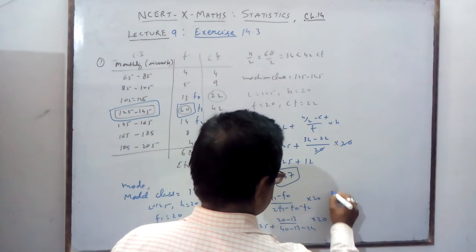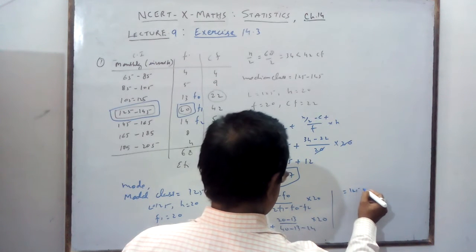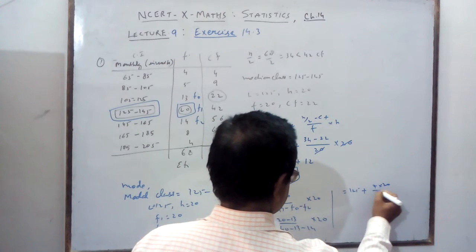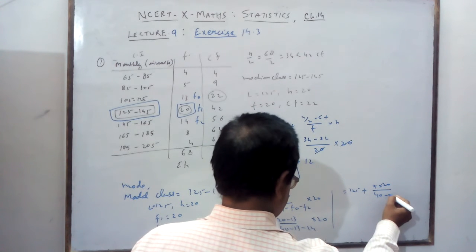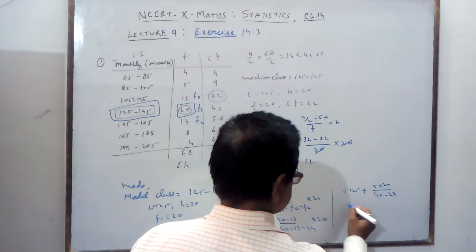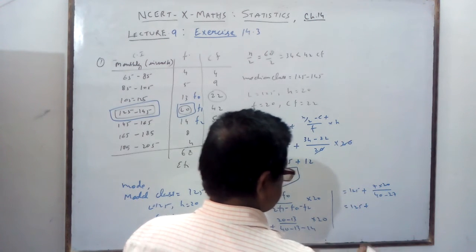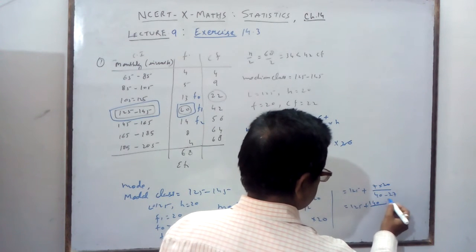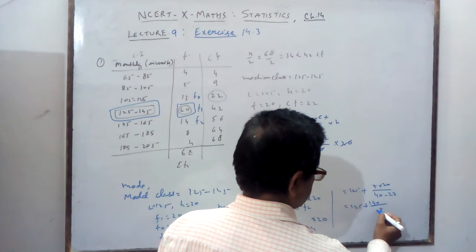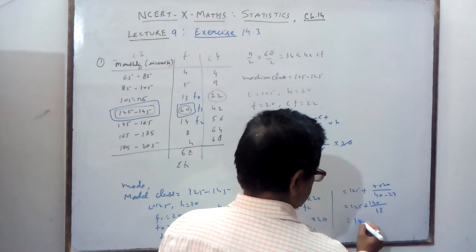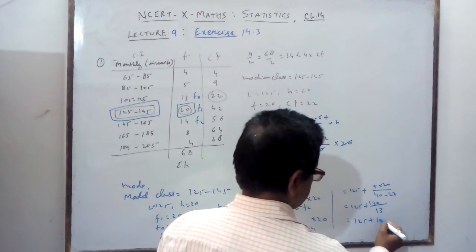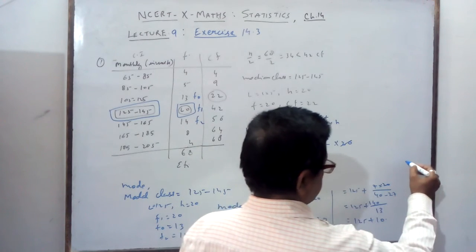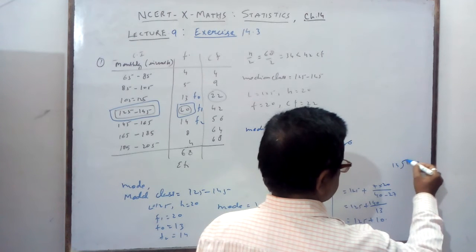So it is 125 plus 7 into 20 divided by 40 minus 27, which is 125 plus 140 upon 13. So you can divide 140 by 13.